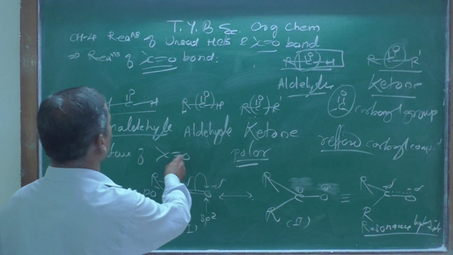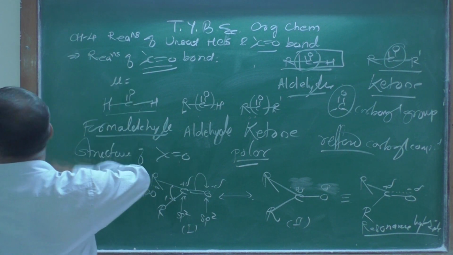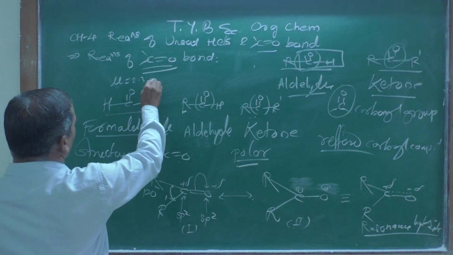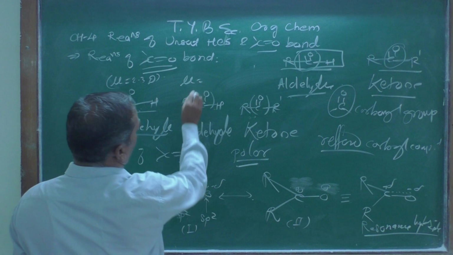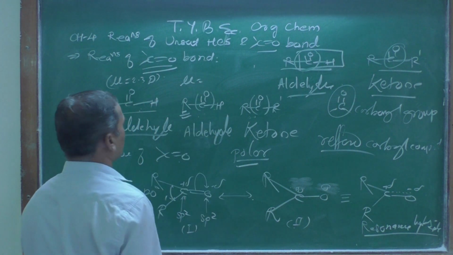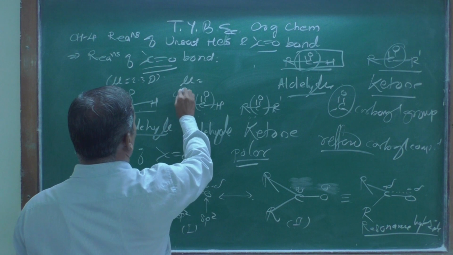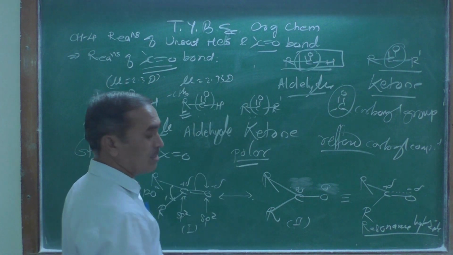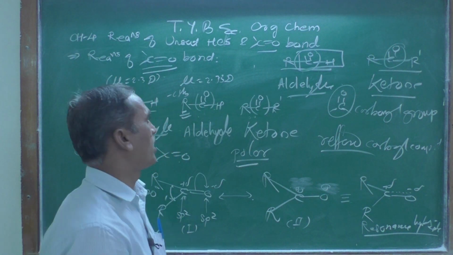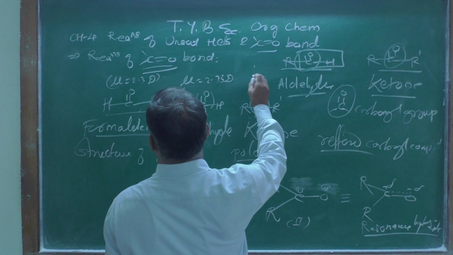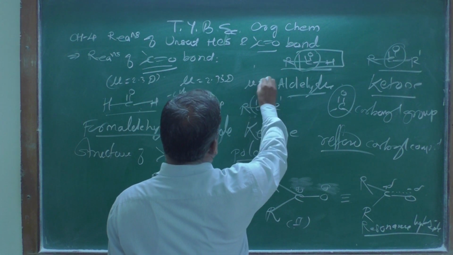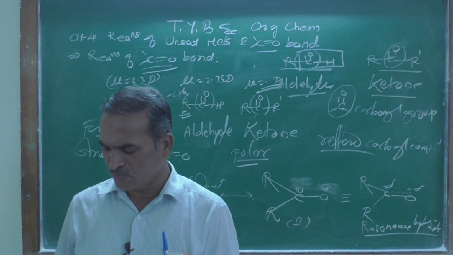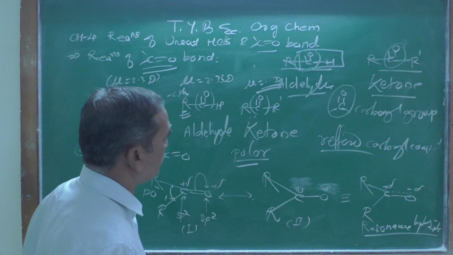The dipole moment is denoted by mu, I think 2.3 D. Here, if you take acetaldehyde, R is equal to CH3, then it is found to be 2.73 D. D is Debye, the unit of dipole moment, and therefore these compounds show a dipole moment.